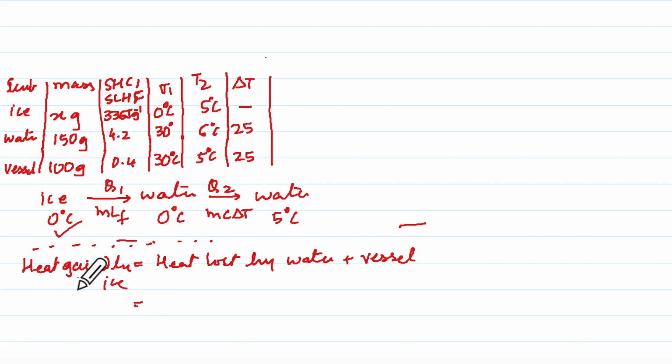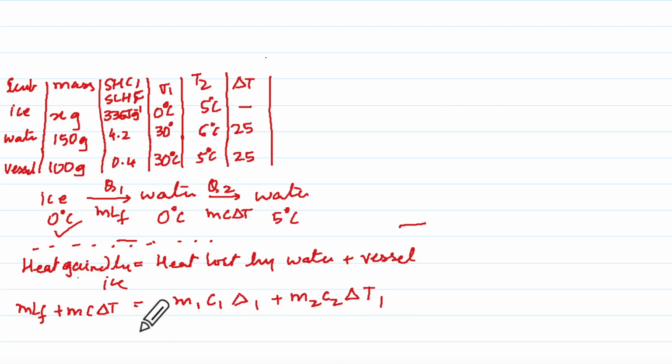All right. So heat gained by ice is what? MLF plus MC delta T. And here it will be what? Tell me. M1C1 delta T1 plus M2C2 delta T1, I'm writing because both of them have same delta T. Now this will be M into bracket LF plus C delta T.